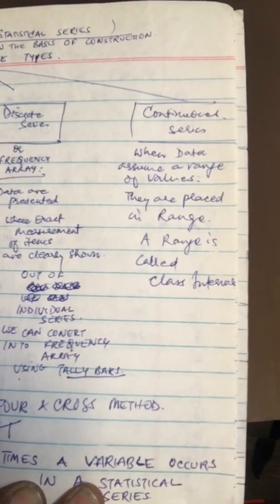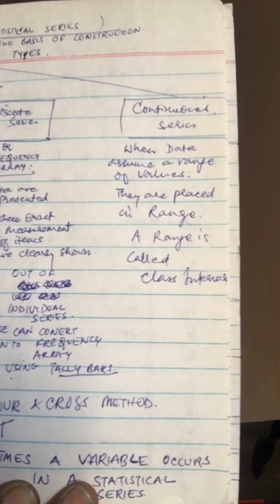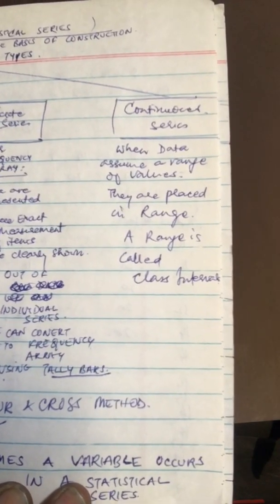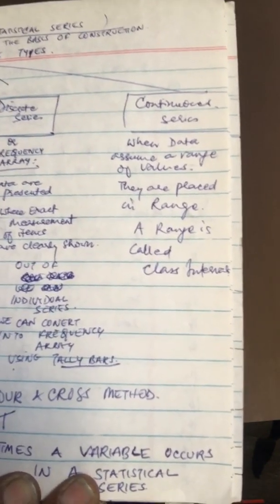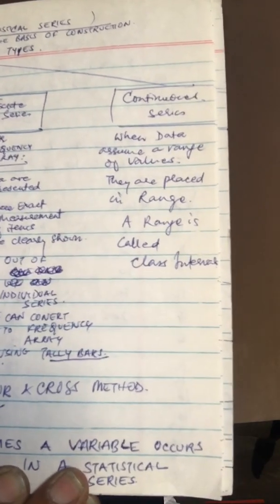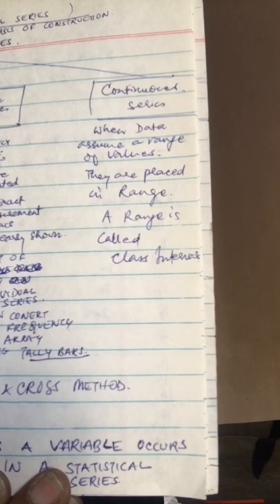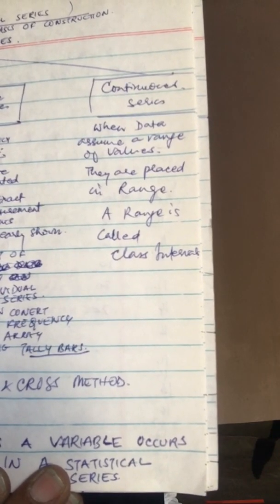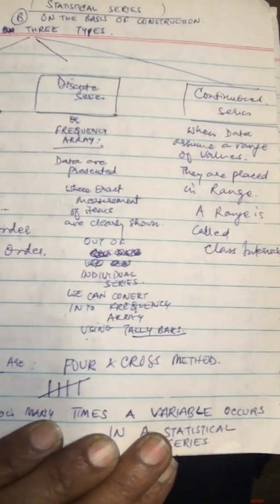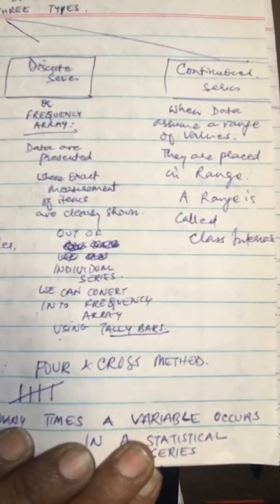So exactly you know the measurement. Every unit of data is separate and complete, and of course you know how many times it has come up. So definite breaks exist between different items. Of course I'm going to help you understand this with the help of an example. It will make you clear.